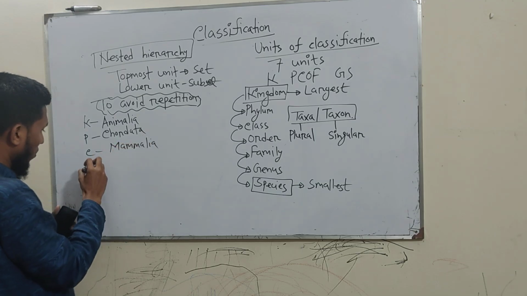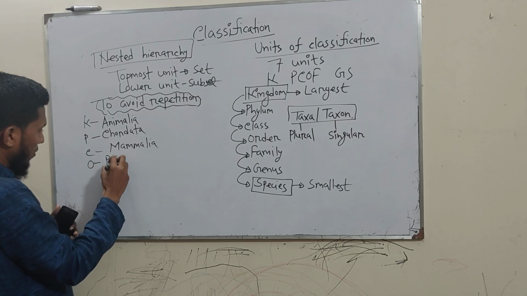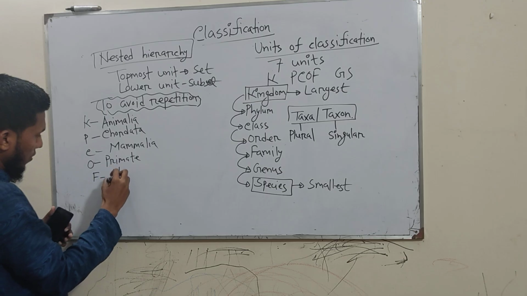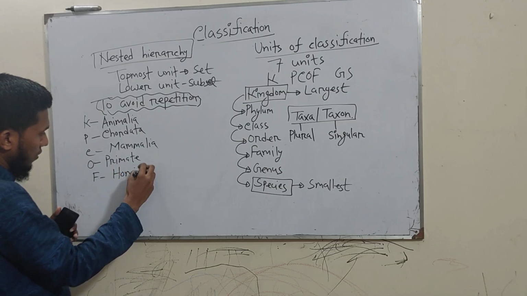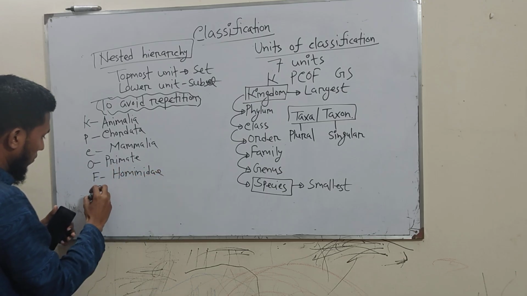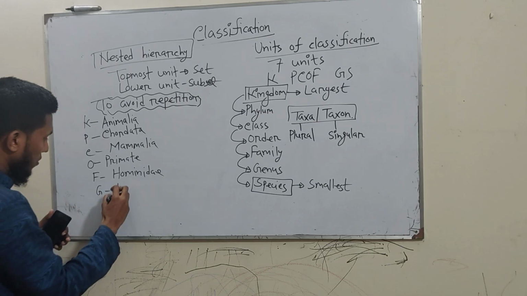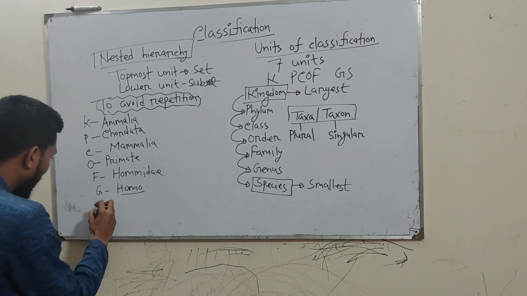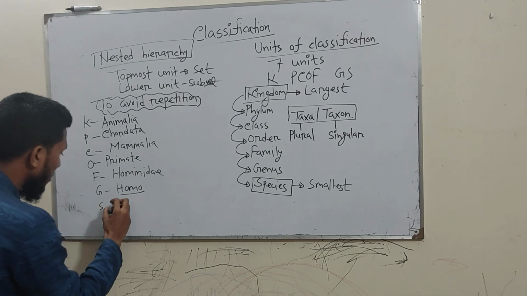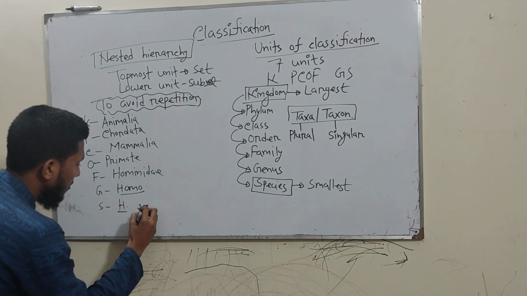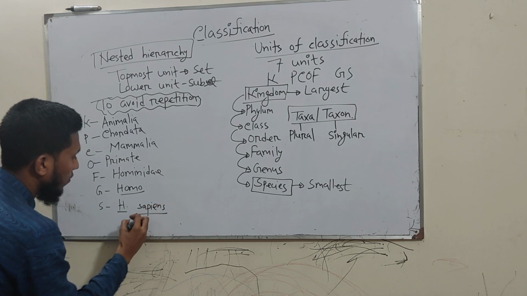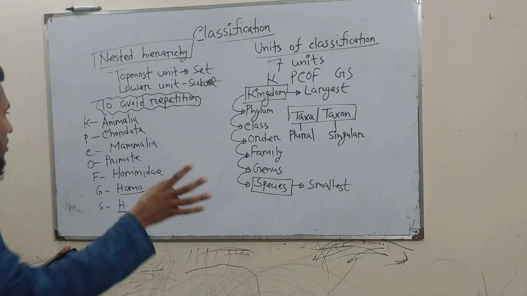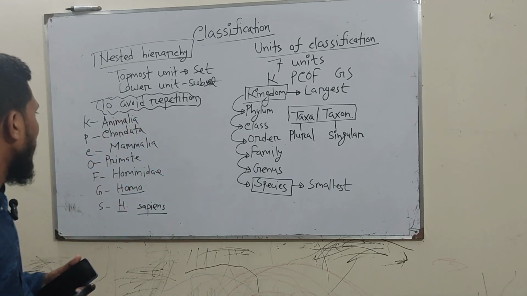Next to class is order Primate. Next to order is family Hominidae. Next to family is genus Homo, which must be underlined, and next to genus is species Homo sapiens. This is the systematic position, or classification system, of human being, of man.